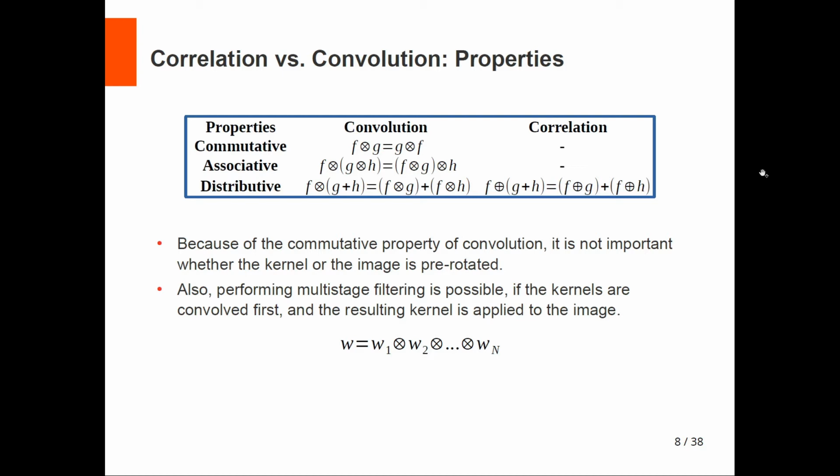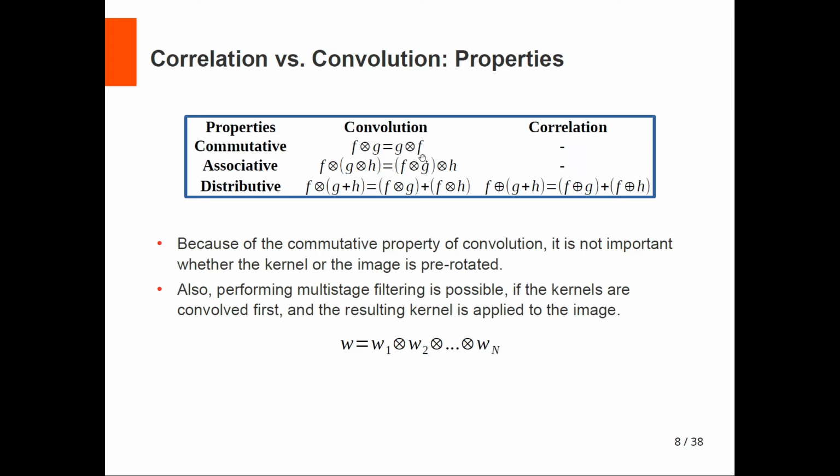The first property that we want to discuss here is the commutative property. This is a property that is satisfied with the definition of convolution, but it's not satisfied with the definition of correlation. If we find the convolution of f and g, it is the same as finding the convolution of g and f.